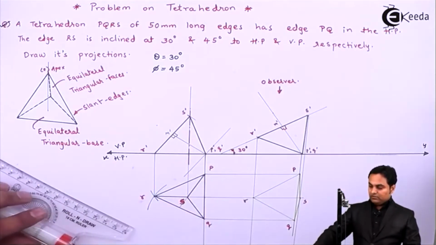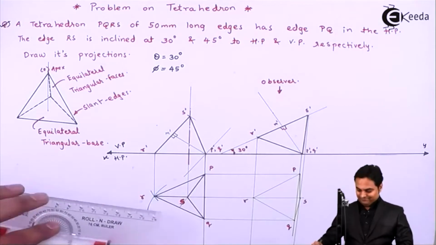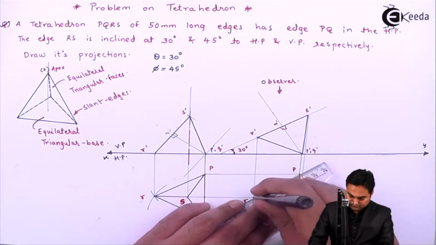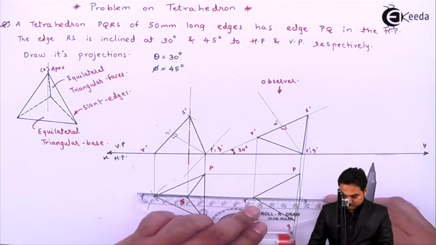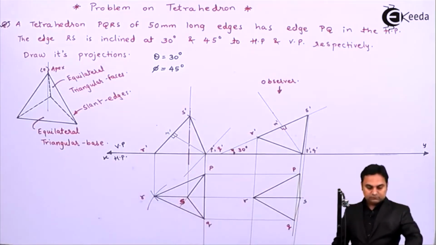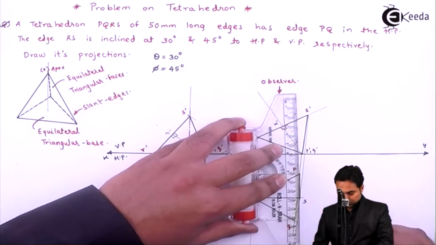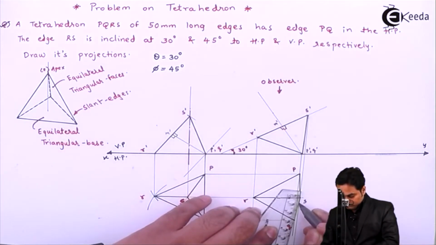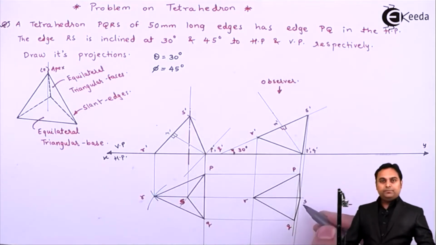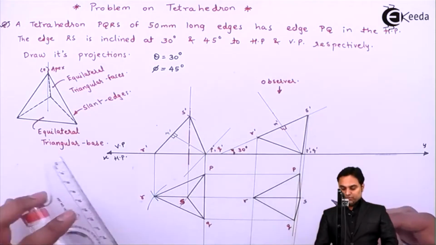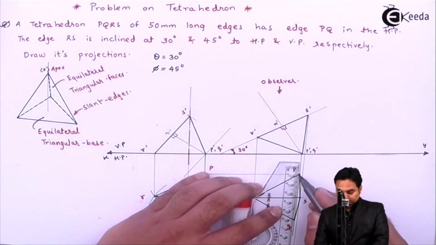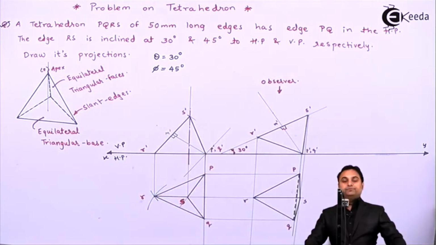So I'll make dark whatever is the visible portion. Then I'll join P dash Q dash with the help of dotted line because P dash Q dash is going behind the observer. So that will be connected with the help of dotted line or hidden line. And here is the complete top view.